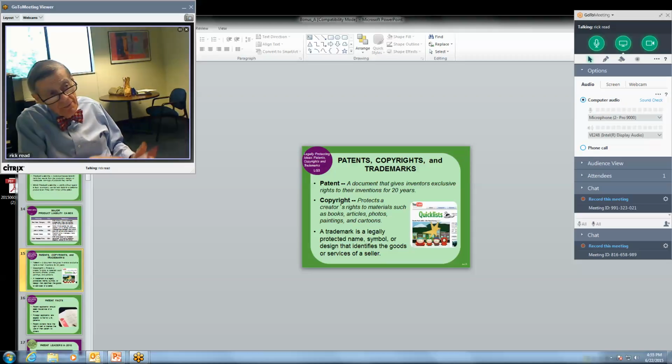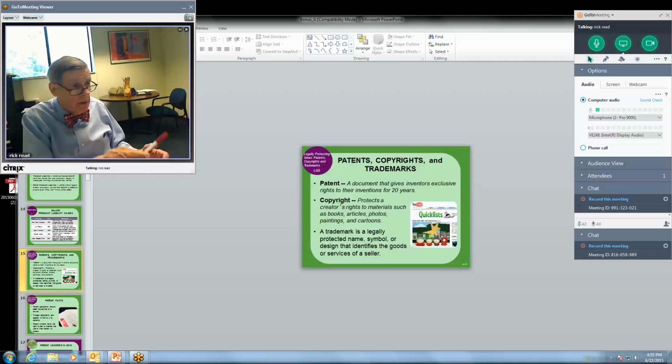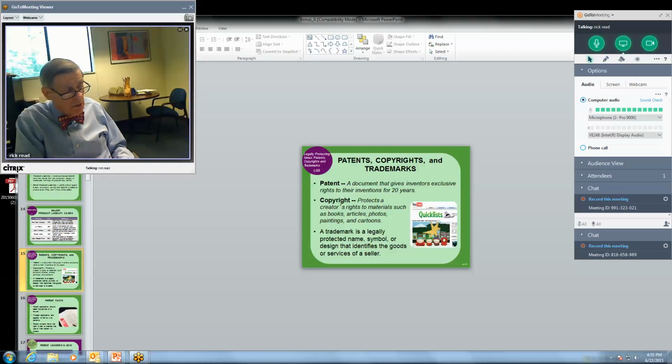Same thing is true with authors. If you are going to quote from a book, you're prohibited from using more than X number of words. The reason I'm hesitating about that is some I've seen at 50, some at 100, some a little bit larger than 100. That comes from a combination of the author, the publisher, and perhaps, if the author is deceased, his or her family. If you want to use more than those numbers of words, you have to ask for permission, and permission can be denied.